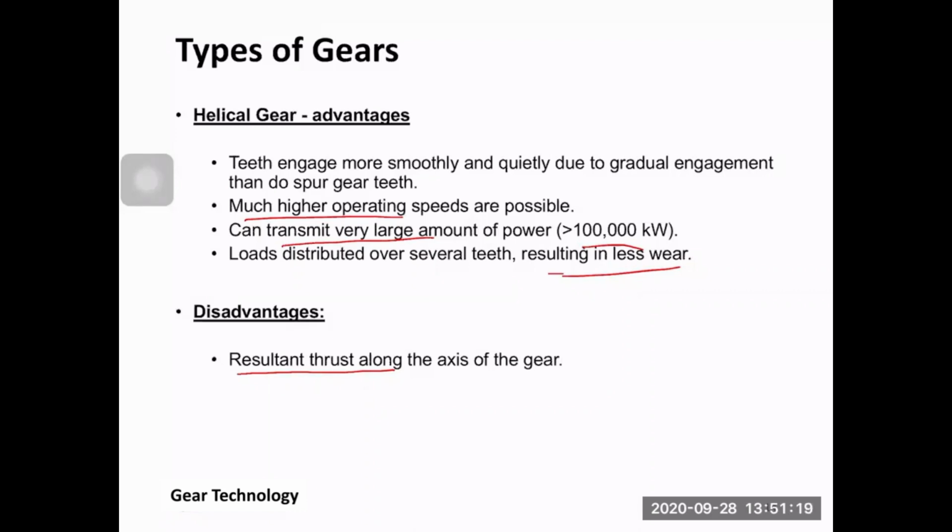For the spur gear, we don't need that, since it does not produce any thrust force along the center line of the shaft. But a helical gear produces some thrust force, or axial force, and this has to be accounted for when we design or select bearings. So the type of bearing used here has to take some thrust load.